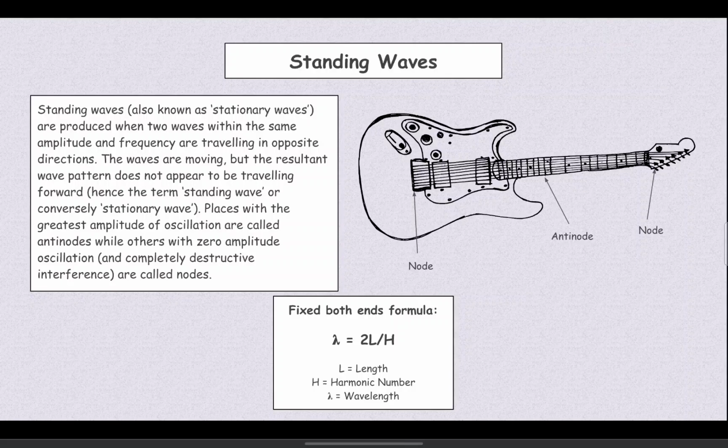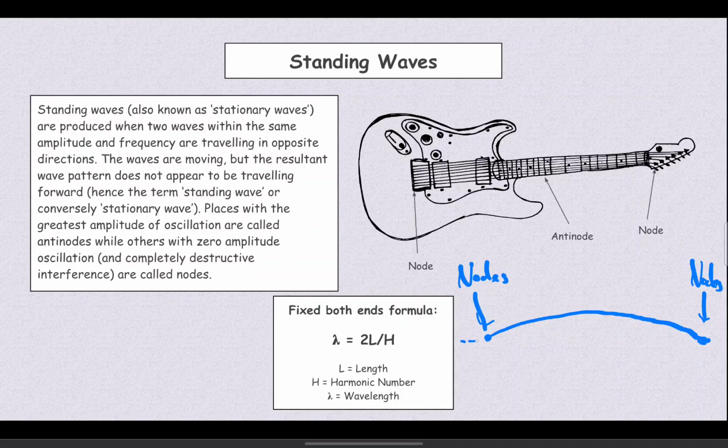So, when thinking about a guitar, you'd have a node at both ends. If I quickly draw it here, you'll have one end of the guitar, the second end of the guitar, and you'd have a wave that looks something like this when it's plucked. These are both nodes. These are called nodes as they have zero amplitude. These are fixed points.